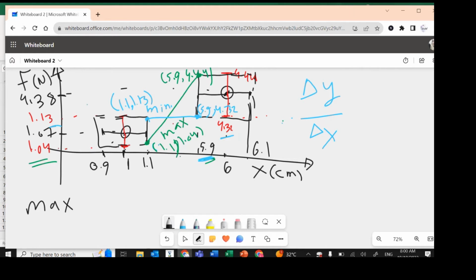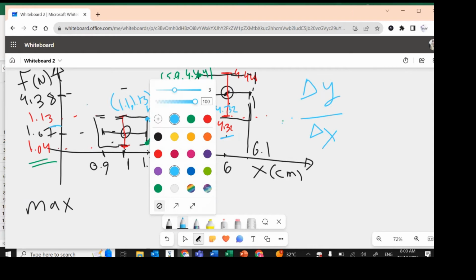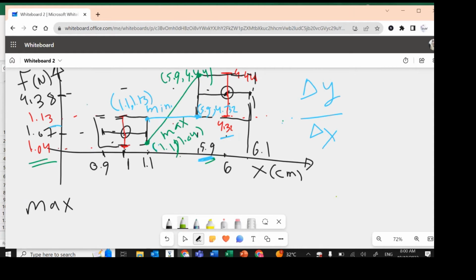I will take the green line. So delta y in the green line, I'm looking at this point and that point. So it will be 4.44, this is y, minus 1.04, divided by delta x, which is 5.9 minus 1.1.